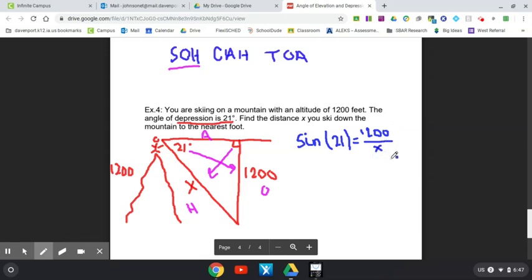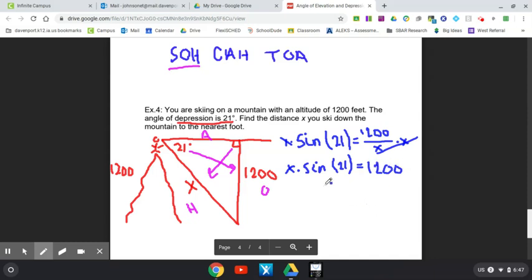Now, I know everyone hates fractions, so let's get rid of this fraction by multiplying both sides by that bottom. Yes, it's x in this case, but look at that, no more fraction. So we have x times sine of 21 equals 1,200.